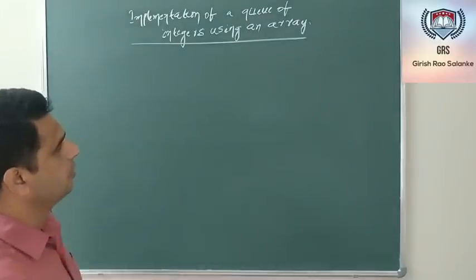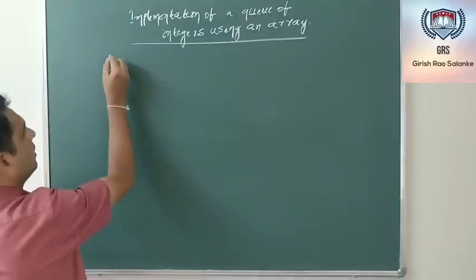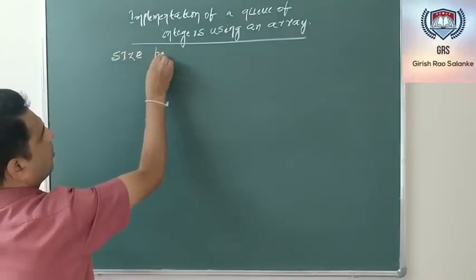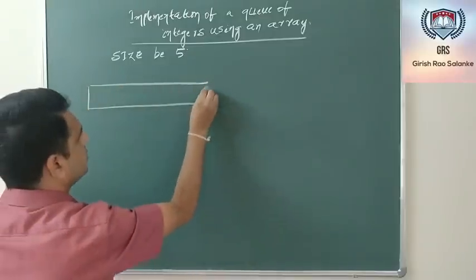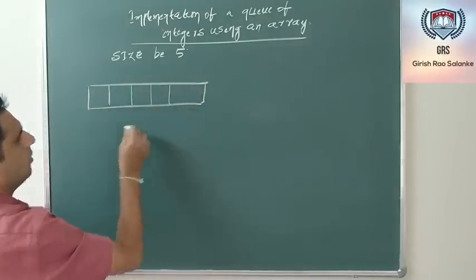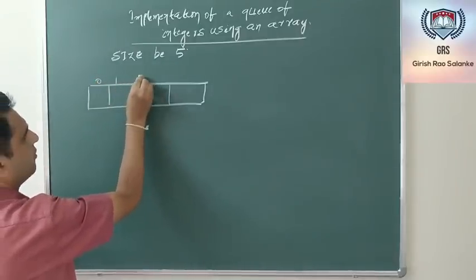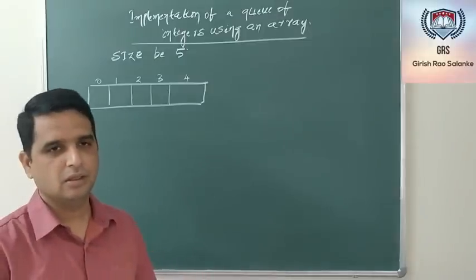Now, to implement, let's assume that the size of my queue is restricted to 5. That is, let size be 5. Now assume that this is my array, which I am using to implement a queue. As we all know, an array is indexed from 0 up to size minus 1.